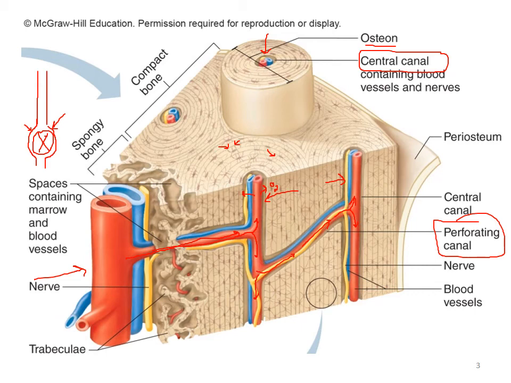So we've got these osteons with these osteonic or central canals in the middle, and they're surrounded by these rings called lamella. In between the lamella are osteocytes. Those osteocytes are drinking in fluid, getting oxygen in, getting the carbon dioxide out.